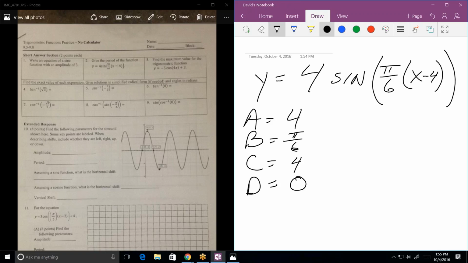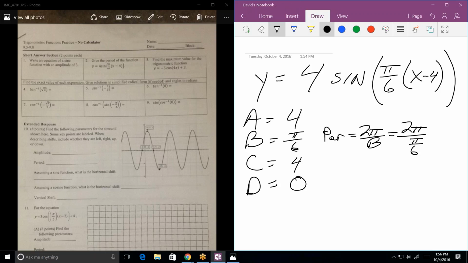So the only one of these that is problematic is B. If B is pi over 6, what is the period? And that's always the next thing you have to do: figure out what the period is. Well, what's the period equal to? 2 pi over B. So in this case, it's 2 pi over pi over 6.